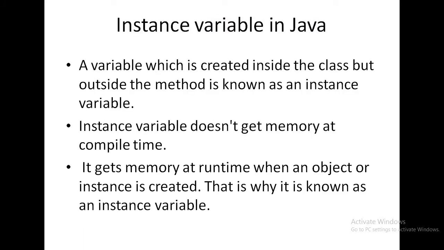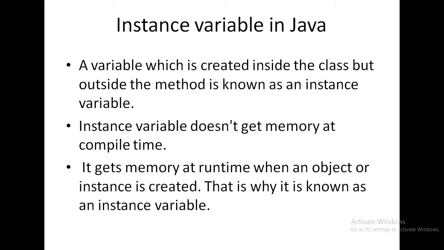Then what are instance variables in Java? There are generally two types of variables present in Java. First is known as instance variable, and second one is known as static variable. First we will discuss instance variable. In the coming classes we will discuss static variables. So instance variable means the variables which are associated with an object.